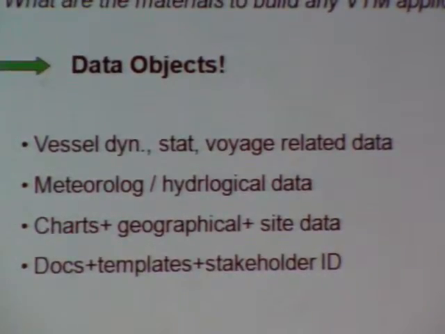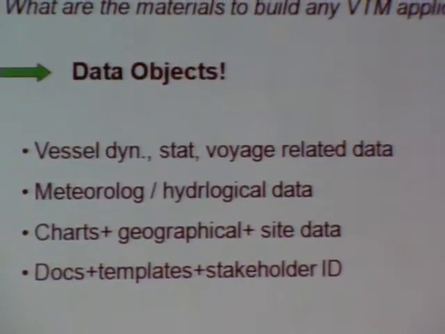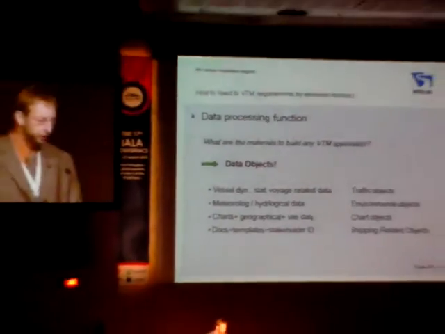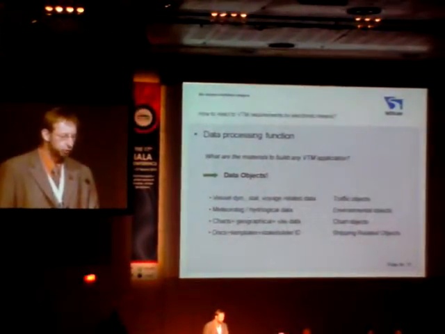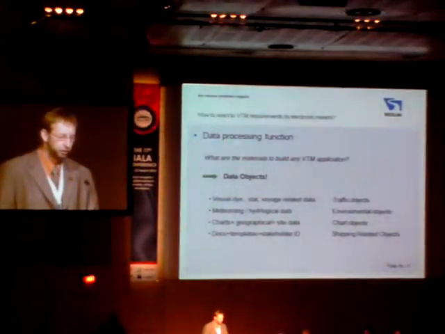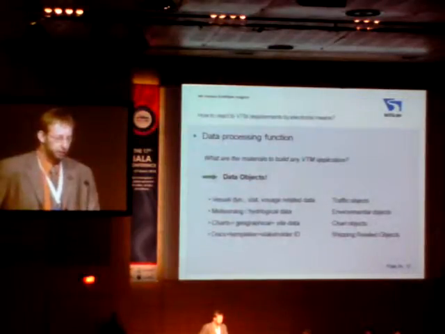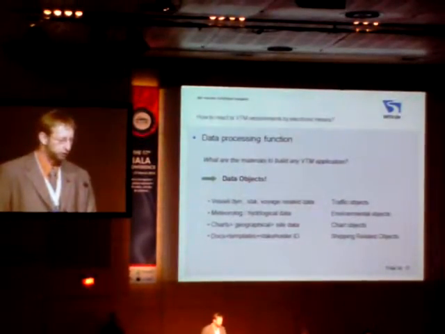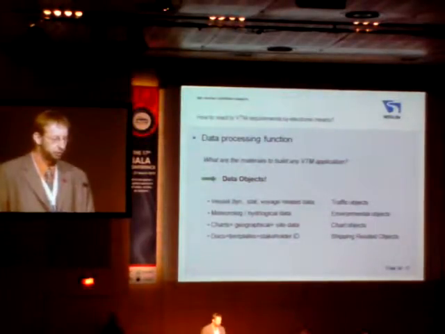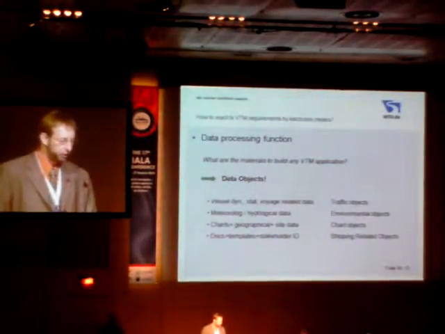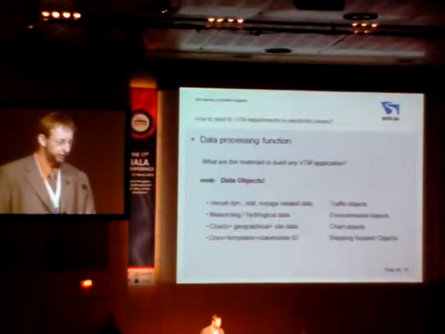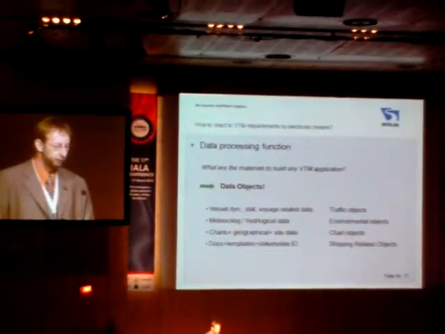We have other objects we need to build our applications. These are meteorological and hydrological data, we call environmental objects. Okay, we need electronic charts. Not only that, we probably want to know a bit more about offshore wind farm sites, so also that data should be covered there.